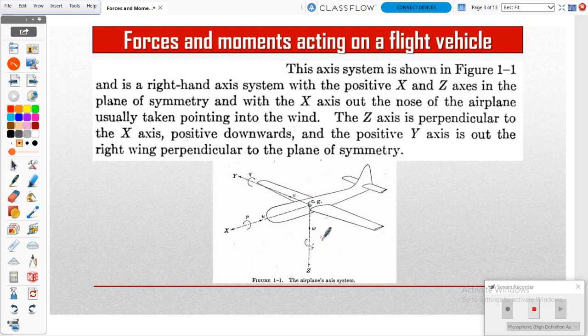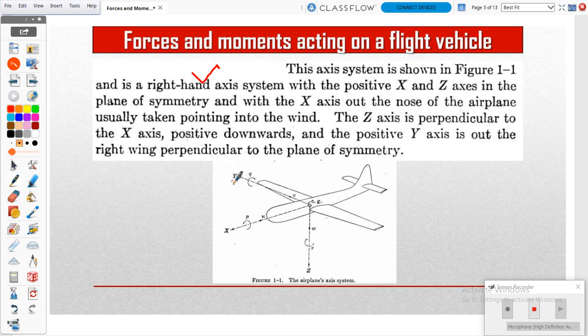First, we draw one airplane, and next we position the center of gravity in the aircraft. After that, we draw the three axes based on the right hand axis system. Capital X is towards the nose of the aircraft.